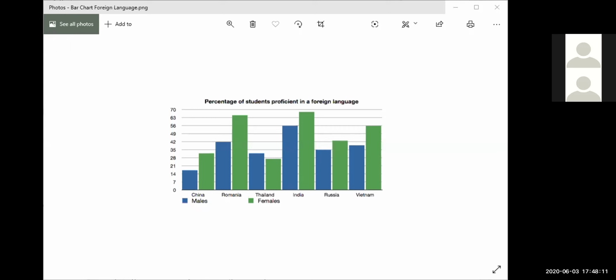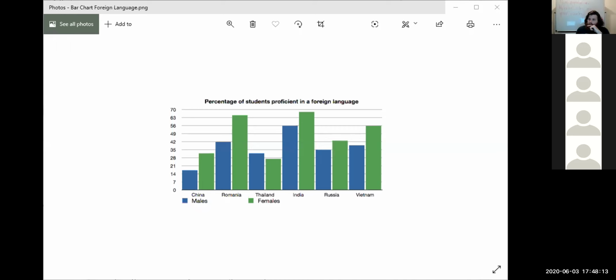It had the least percentage of females who were foreign language proficient. Great. So interestingly, Thailand also showed the lowest number of female proficiency.